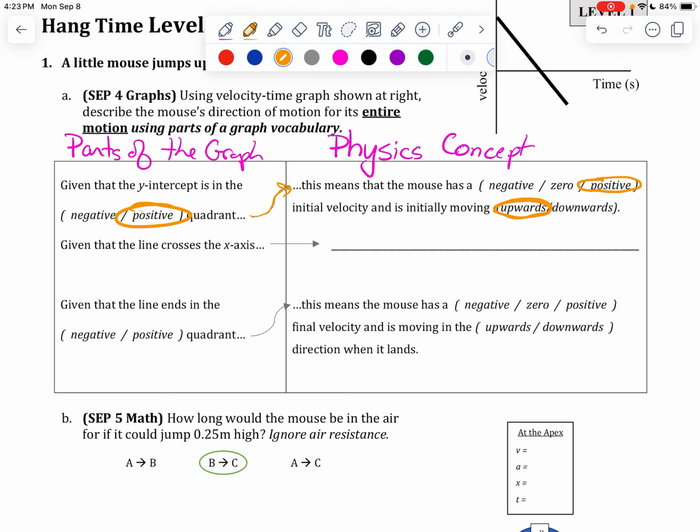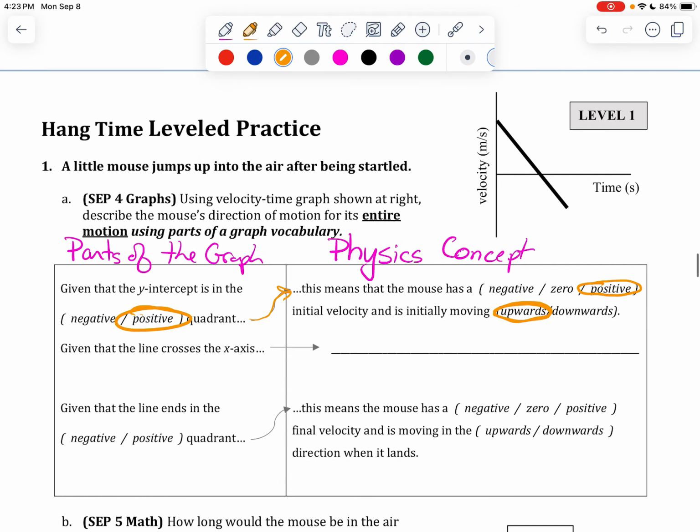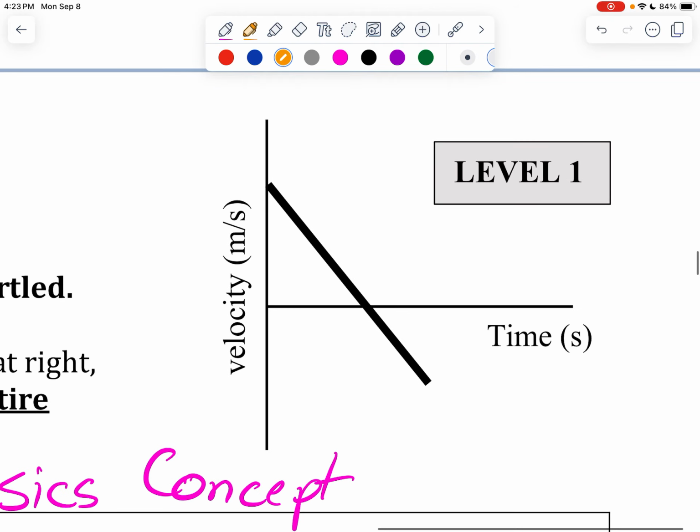Given that the line crosses the x-axis, so this one's a little trickier. One thing to interpret velocity graphs, I always suggest, is to make up some numbers. So, for instance, this would be 0. This would be plus 10, this would be plus 5, negative 5, negative 10. And then we're going to plot some points. So it's like, oh, this is plus 8, plus 6, plus 4, plus 2, 0.